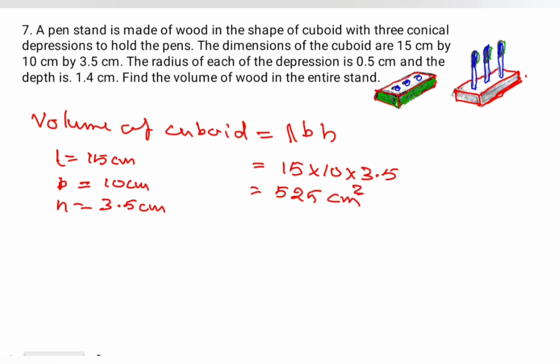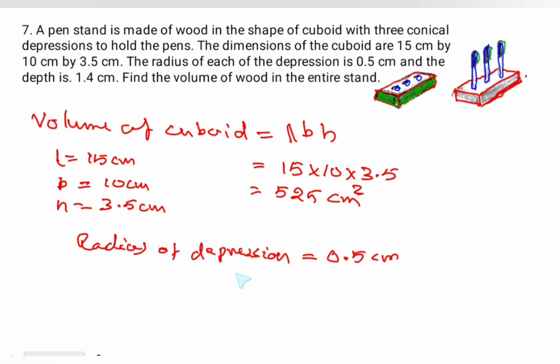And the depression: the radius of each depression is given, that is 0.5 centimeters, and its depth is 1.4.